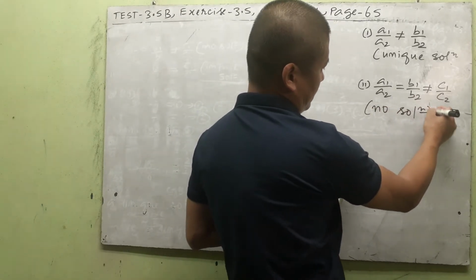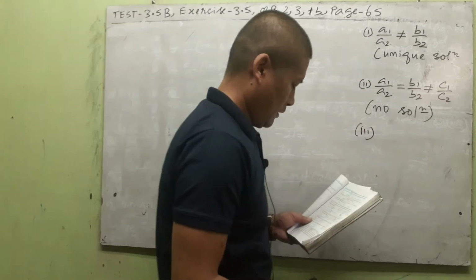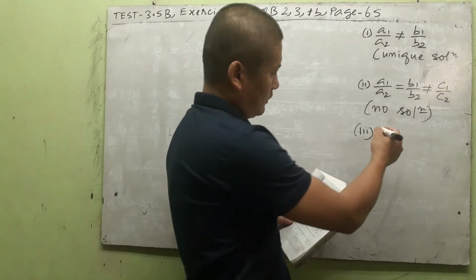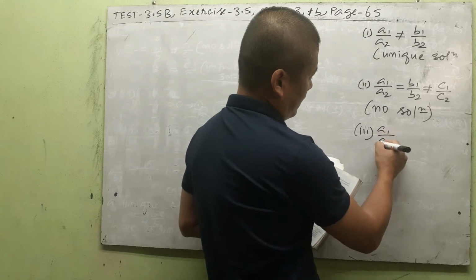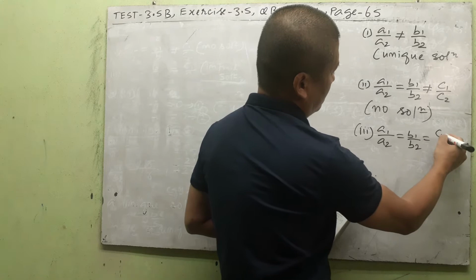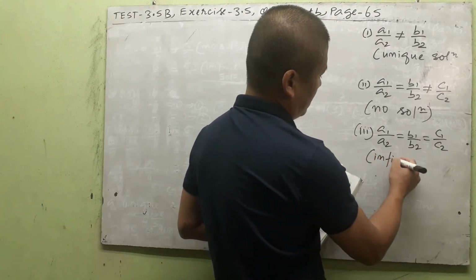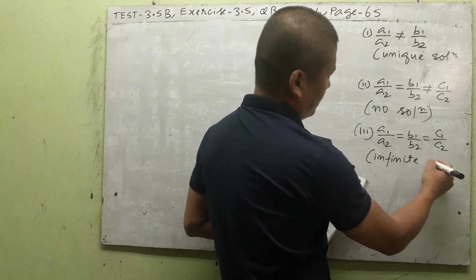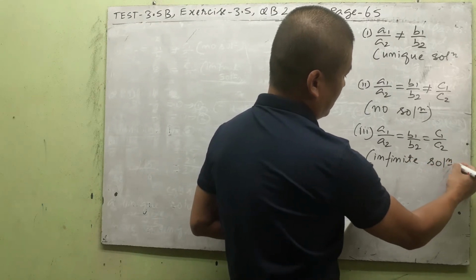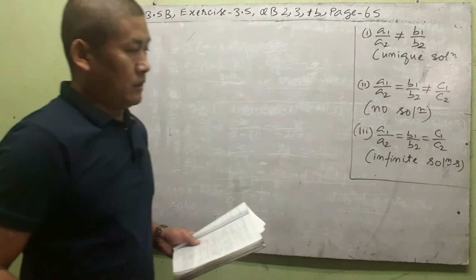So there are three conditions, as we said in the beginning, that we have to keep in our mind as we do this exercise. If A1 by A2 is equal to B1 by B2 is equal to C1 by C2, then it has got infinite number of solutions. So let's keep that in our mind.